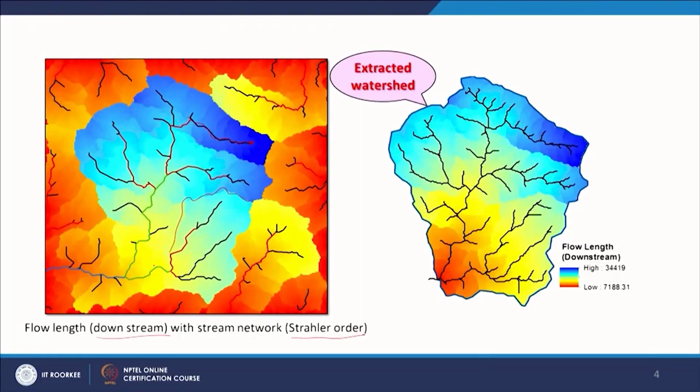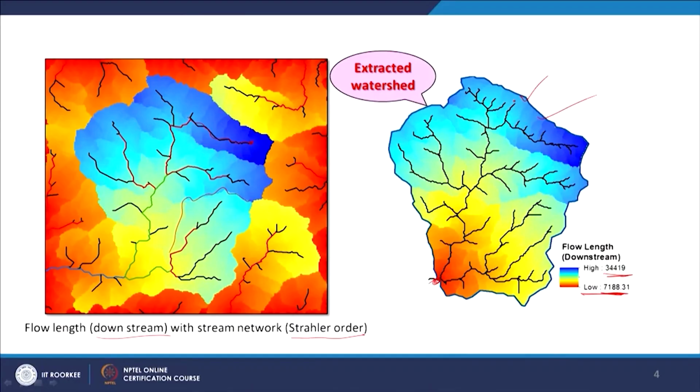We can extract a watershed boundary, as shown here, using some other tools like delineation of watershed, again using surface hydrologic modeling, deciding this is my outlet. As you can see here, the low values are very small as compared to the high ones.